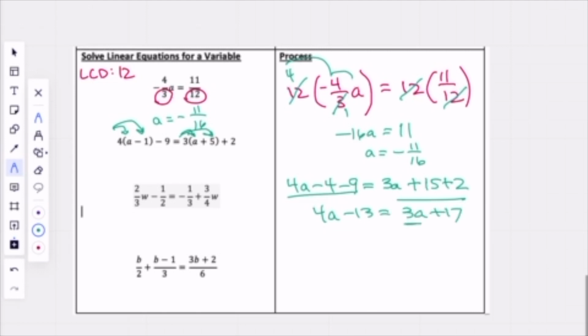Let's bring this 3a to the left, and let's bring this negative 13 over to the right. So 4a minus 3a will give us a. Add positive 13 to both sides. I'll end up with 13 plus 17 is 30, and that will be our answer.